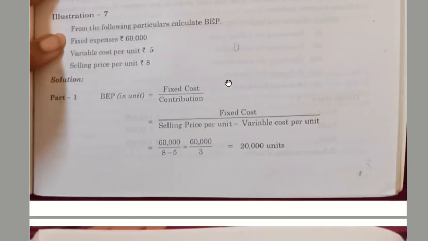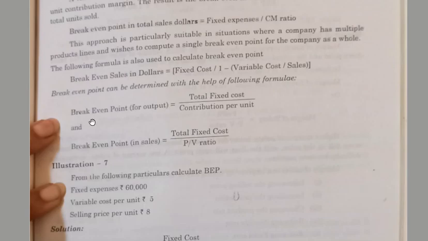So moving on to the next question, which is from the following particulars, calculate break even point. So first, looking into the formulas, break-even point for output is total fixed cost divided by contribution per unit. Break-even point in sales is total fixed cost divided by PV ratio.